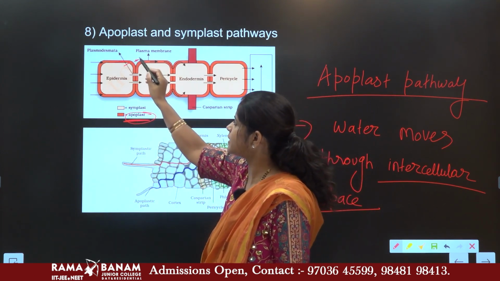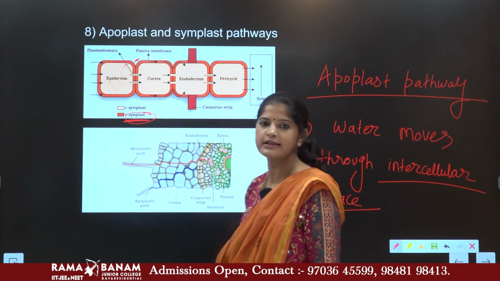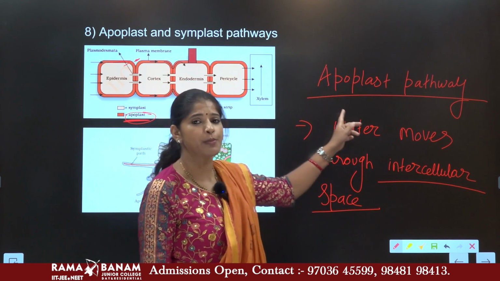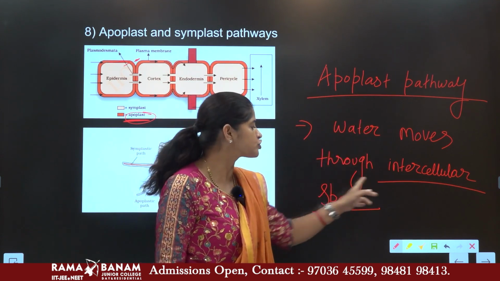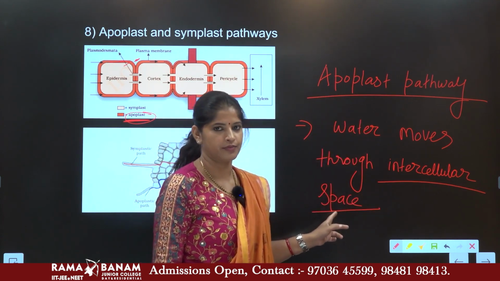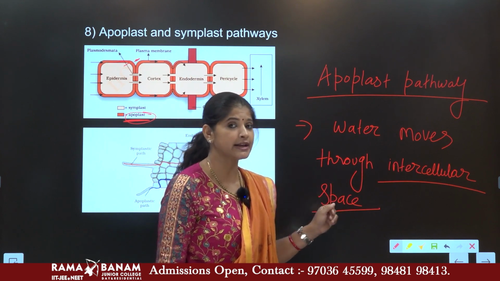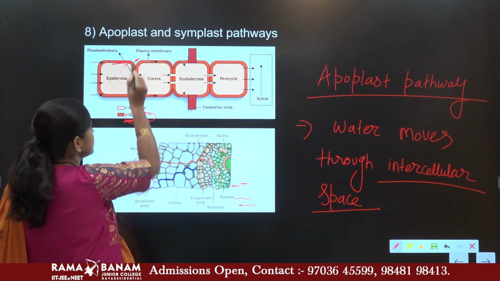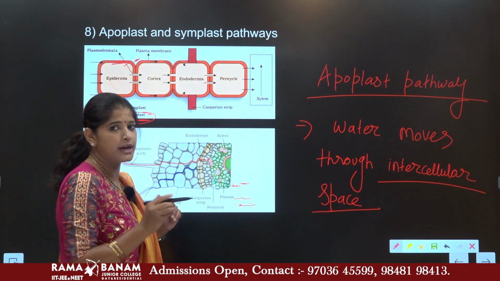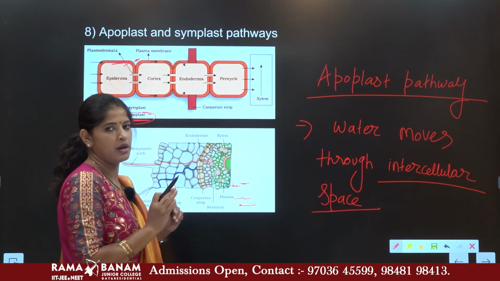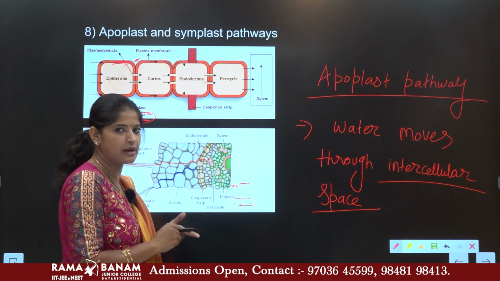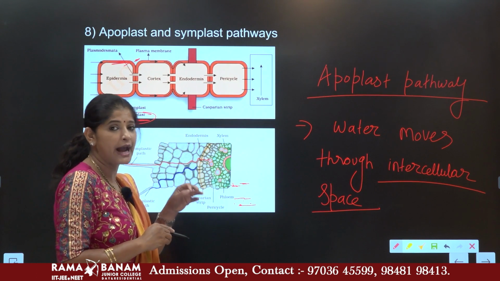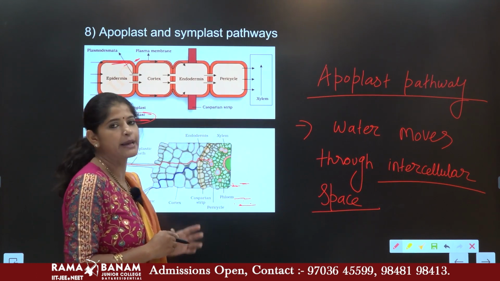The space between two cells is called intercellular space. So by apoplast pathway, water moves through the intercellular space. Second, it is moving through the cell wall. It is not crossing the cell wall, it is moving through the cell wall. So moving through the cell wall and through the intercellular space, that pathway is called apoplast.